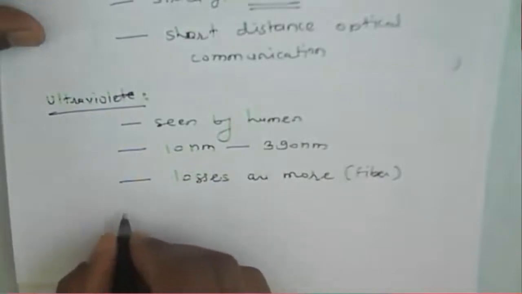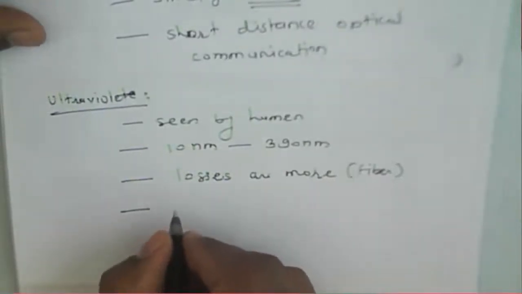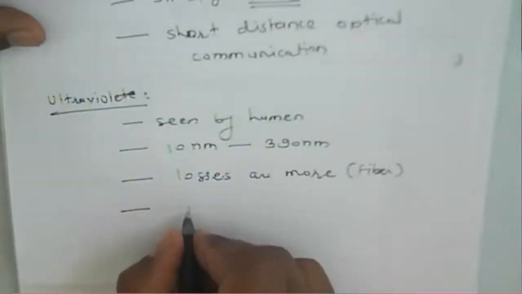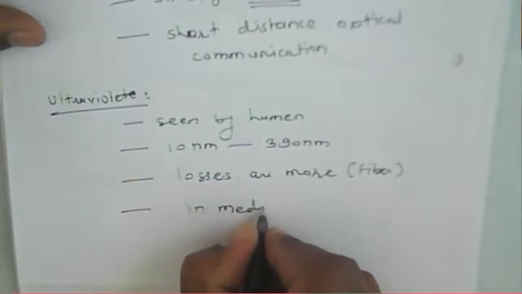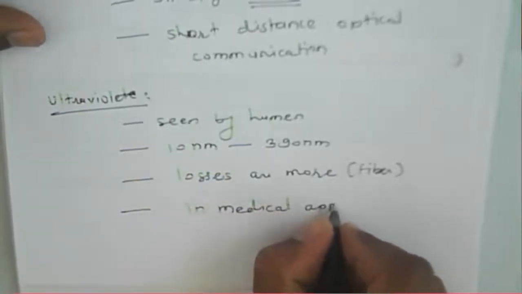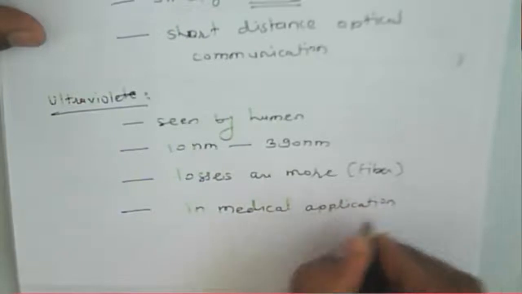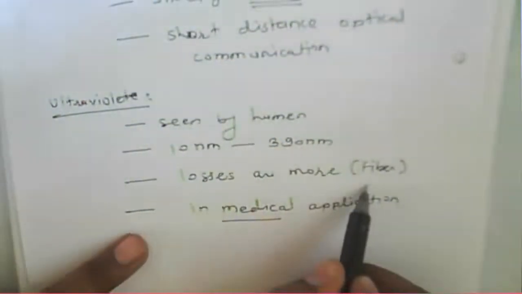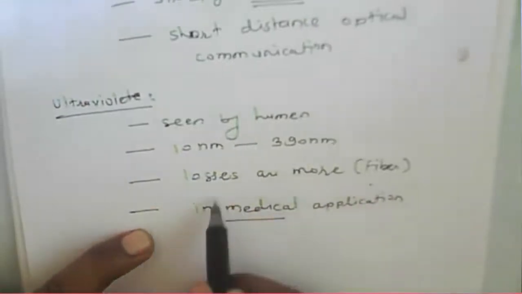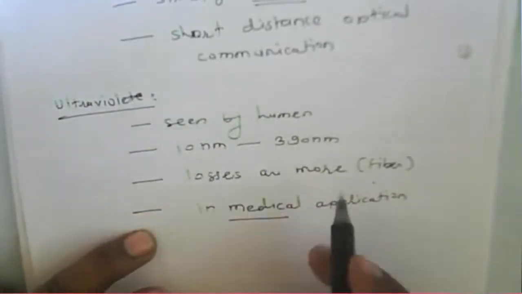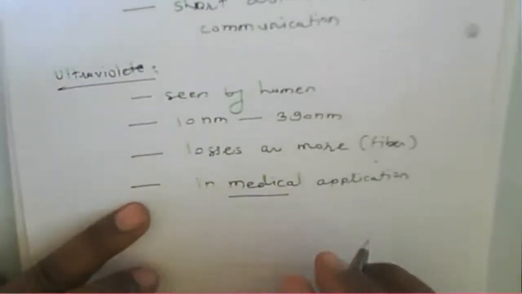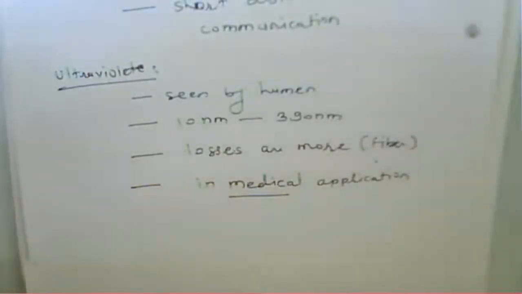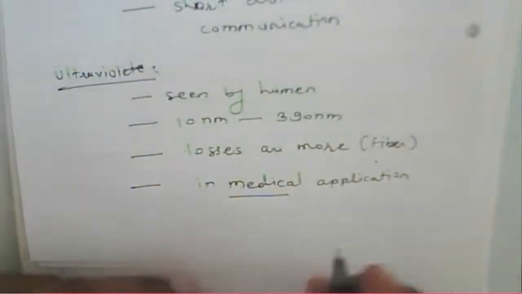But we can use it for short distance communication. That's why this particular band is used in medical applications. If you use a fiber, then losses are there, but other than that, ultraviolet light can be used for medical applications.